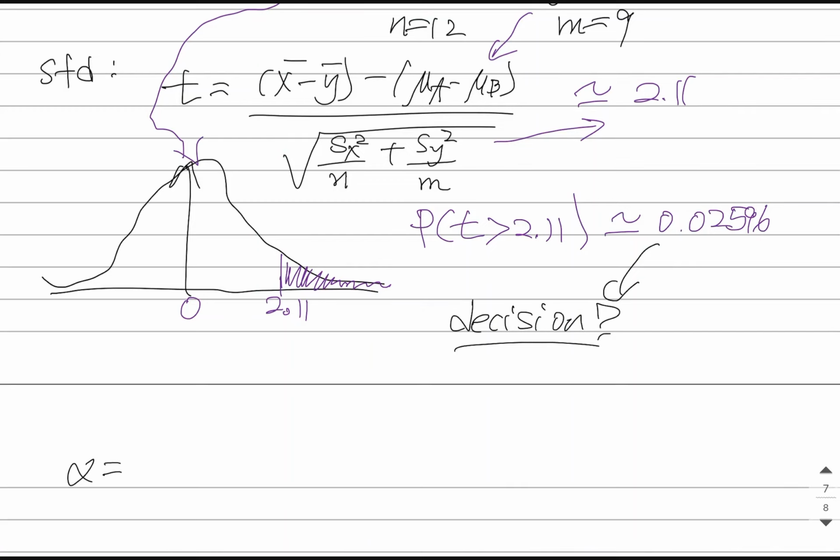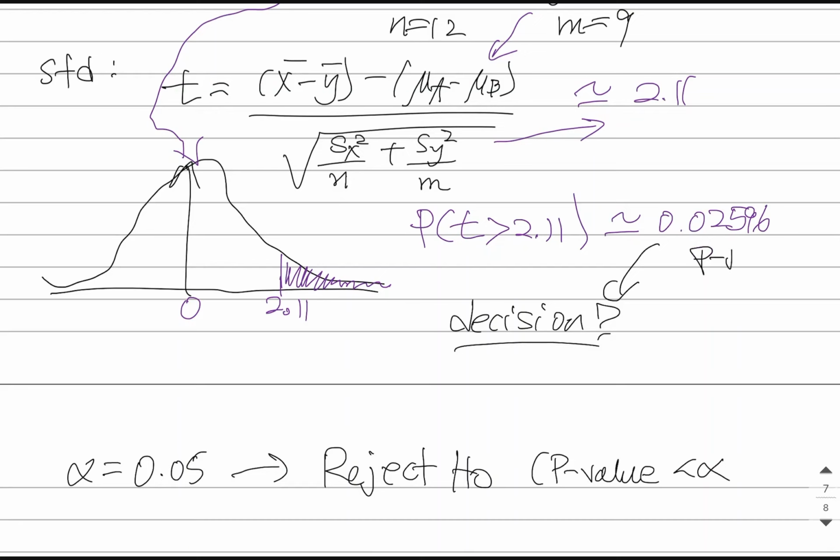This is where the significance level can assist you. At the 5% level, we would reject the null hypothesis because the p-value is less than alpha. Remember that this is the p-value right here. At the 5% level of significance, this is too rare.